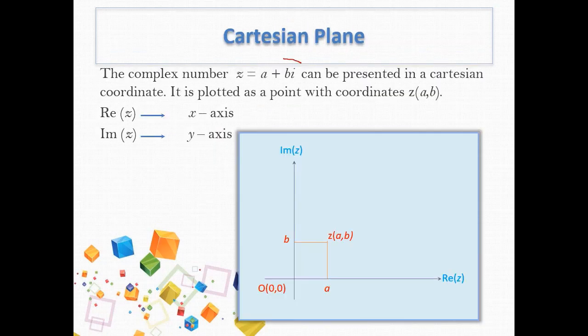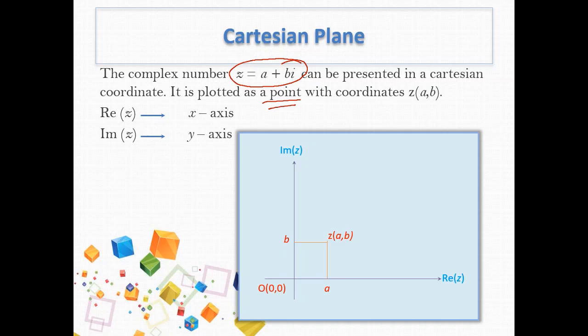Besides writing a complex number in the form of an equation, a plus bi, a complex number can also be plotted as a point on the Cartesian plane. So we can plot the complex number Z on the x-axis and y-axis so that Z can be represented in the form of a point.